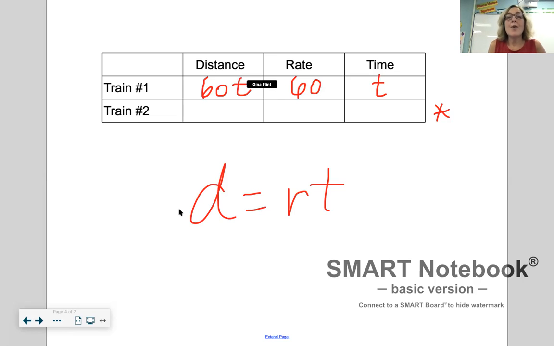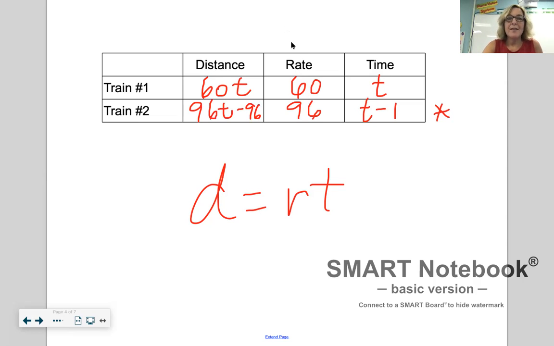Then the second train is traveling 96 miles per hour, but let's think about the time. It left 1 hour later, and we want to know when they're going to catch up, so we can represent the time here as t minus 1. And now we can find the distance by multiplying 96 times the quantity t minus 1, which is 96t minus 96, correct?